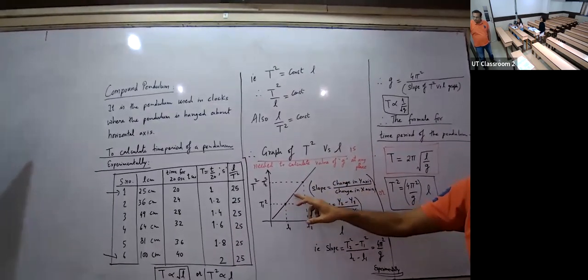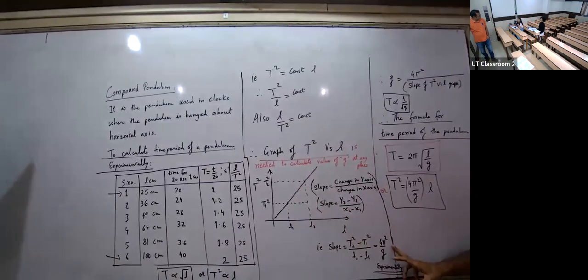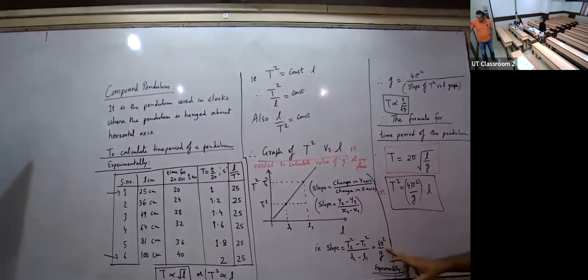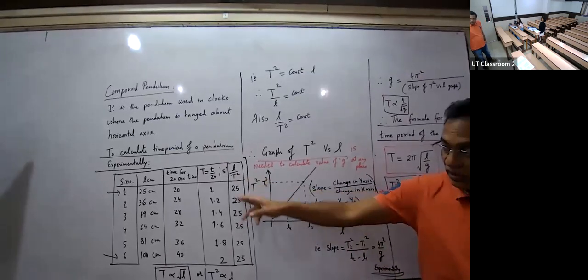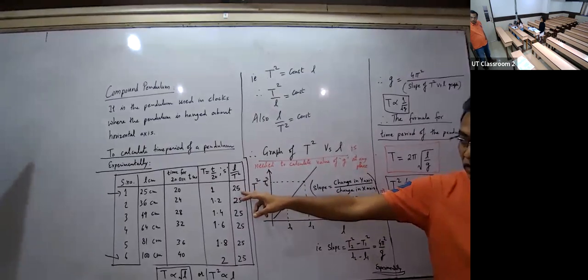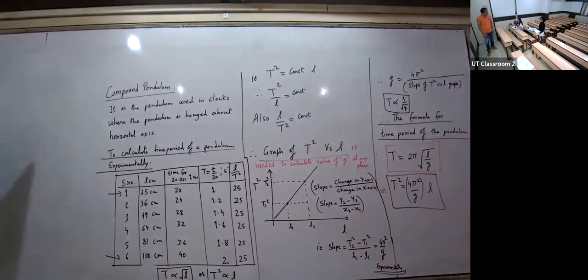If you take any 2 points, you will always get this value, 4 pi square by g. Always, right? And how much is this value equal to? This is almost equal to 4. So when I take the reciprocal of this in meter, I'll get 4. Okay, so everything is justifying each other.